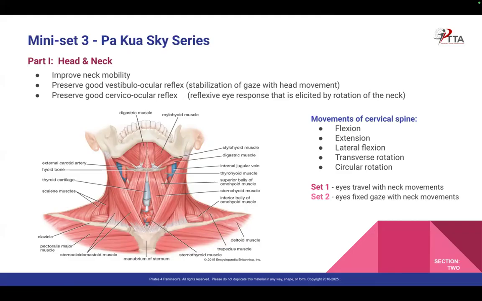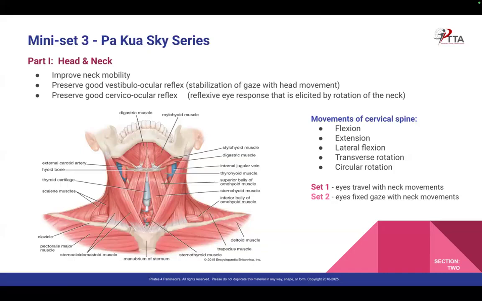So those two things combine and they take the information that's provided and they feed that into the brain. When the head moves, the natural tendency of the vestibular ocular reflex is for the eyes to kind of counter the movement. So if my head's going to turn to the right, my eyes will start to the left and then either go, or the eyes will purposely go if I'm directing them.